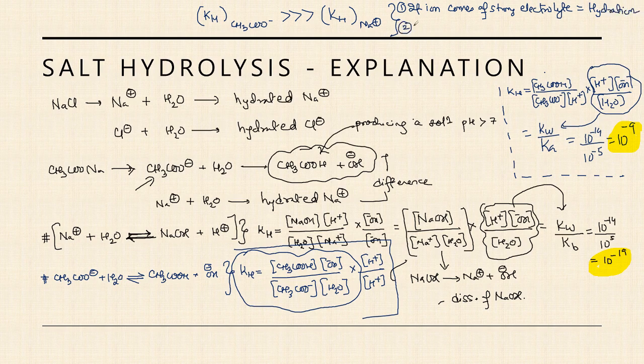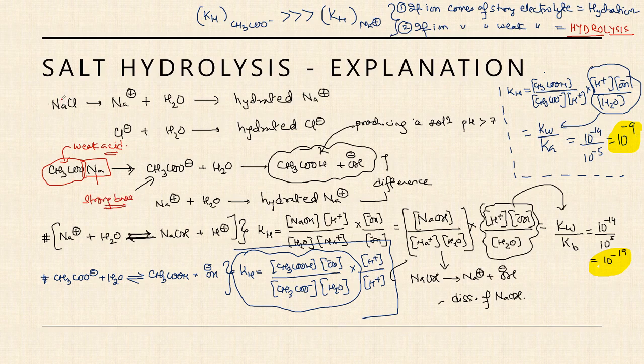But if an ion comes from a weak electrolyte, then it will undergo hydrolysis. Understood? This entity in sodium acetate is coming from a weak acid, and this one comes from a strong base.